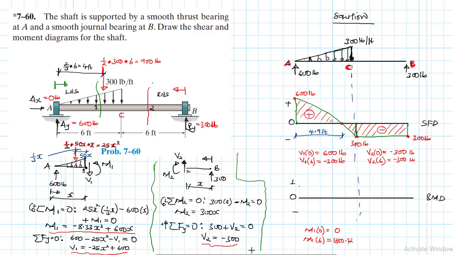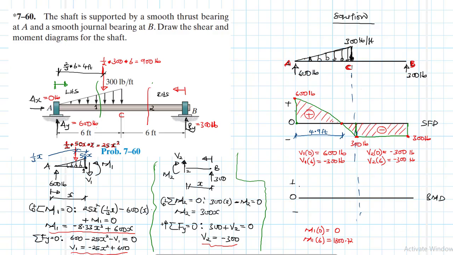Let me do it again: minus 8.33 times 6 cubed plus 600 times 6. Okay, 1800.72 pounds feet. So this is the moment when x is equal to 6 feet, right?